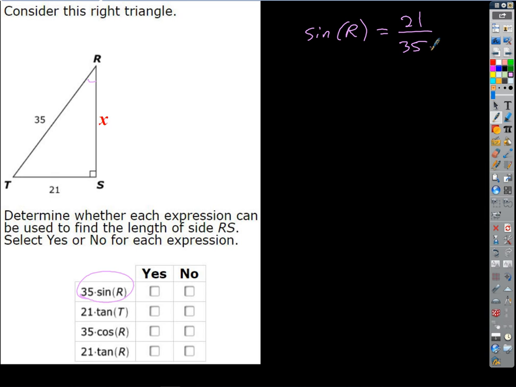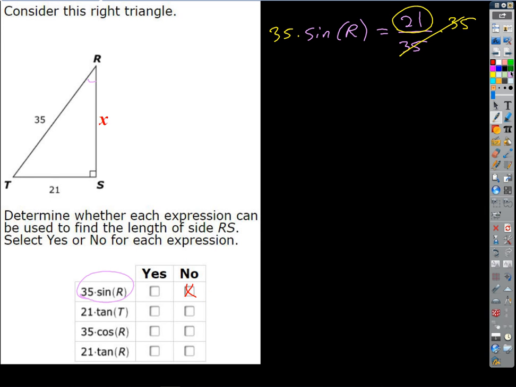Okay, so if I multiply that by 35, does that give me what I'm looking for? Does that give me X? No, it doesn't, does it? 35 times sine R is equal to 21. It's not equal to X, right? So that one is false. Doesn't work.